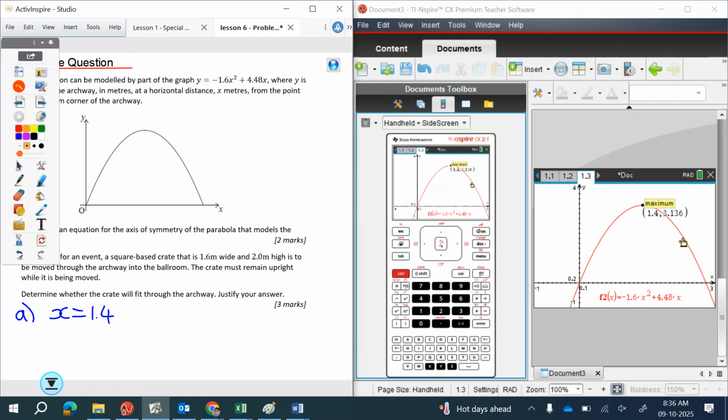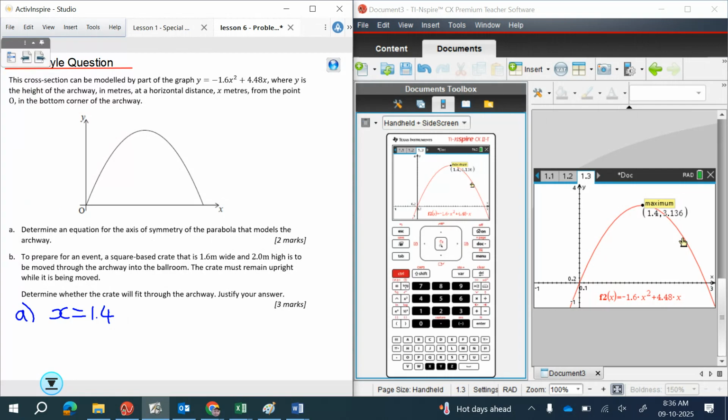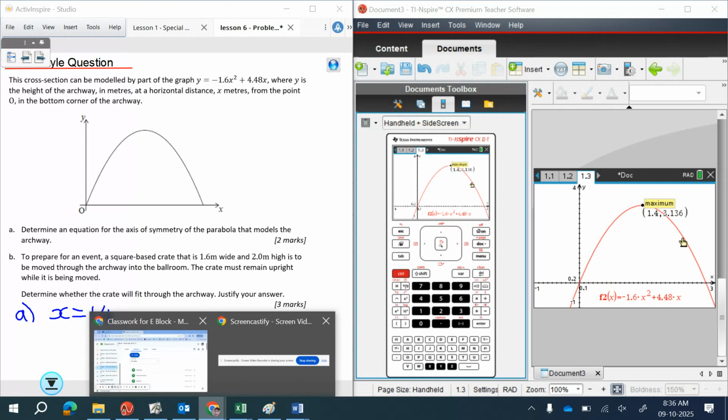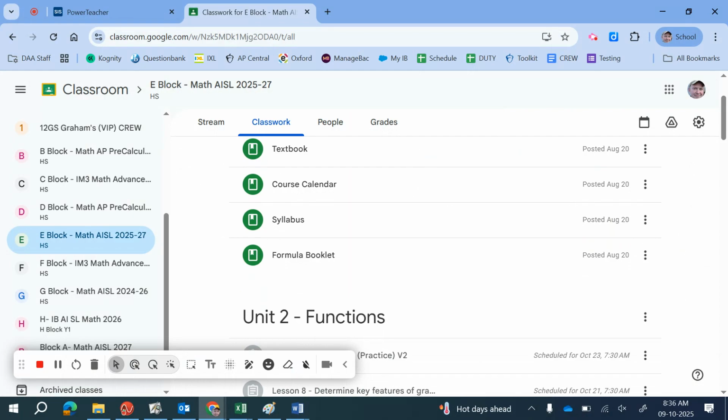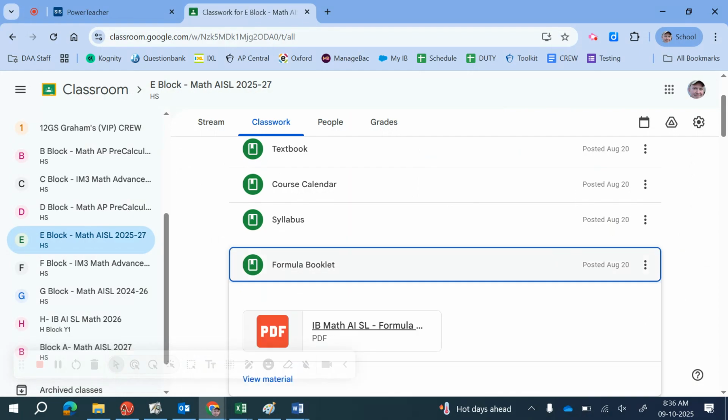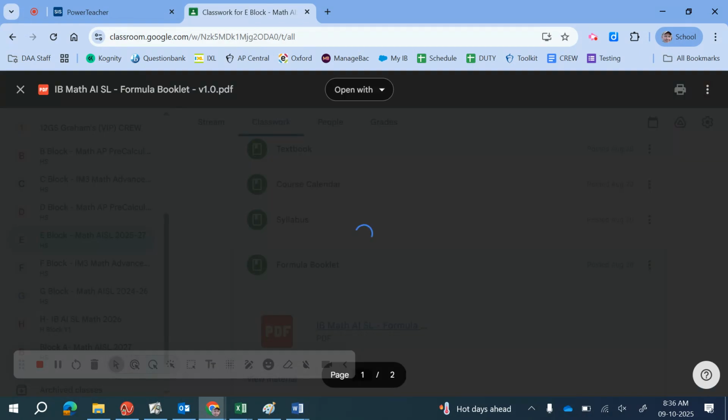There is another technique that I want to share on this one for finding the axis of symmetry, and there's a formula in the formula booklet. If you open up your formula booklet, just find a copy on the Google Classroom. You have the formula booklet here. There's the formula sheet.